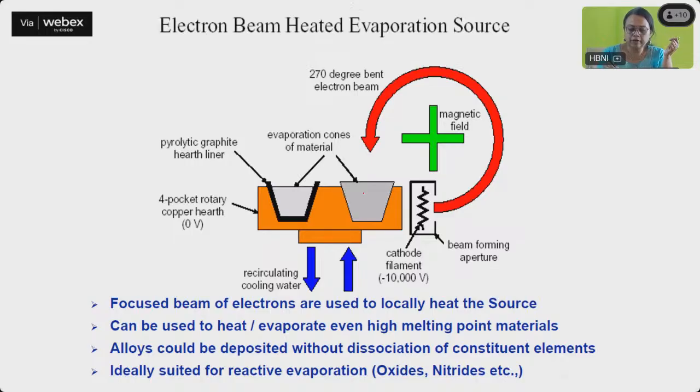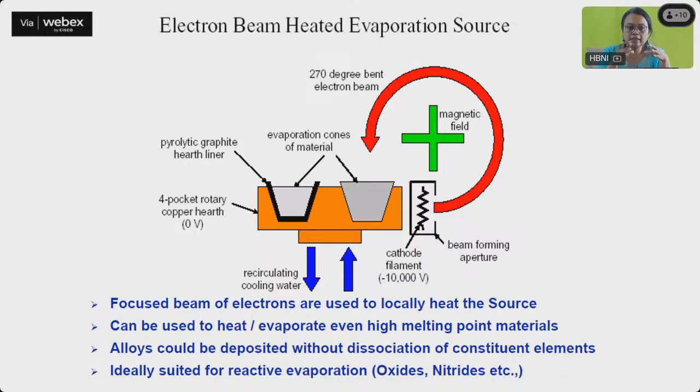So for oxides, nitrides or compounds having a very high melting point, we use electron beam evaporation. But in this case, the system becomes more complicated. We have a magnetic field bending our electron beam, and we need cooling water circulation around the crucible to keep it at a low temperature so that the crucible itself does not melt. So these are the complications.